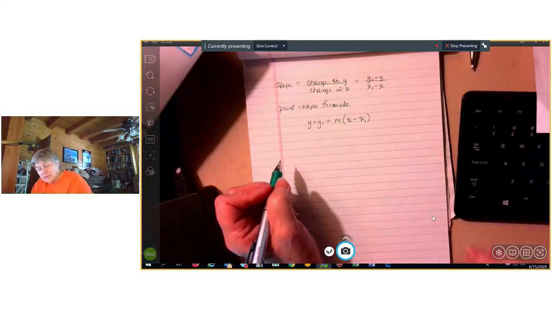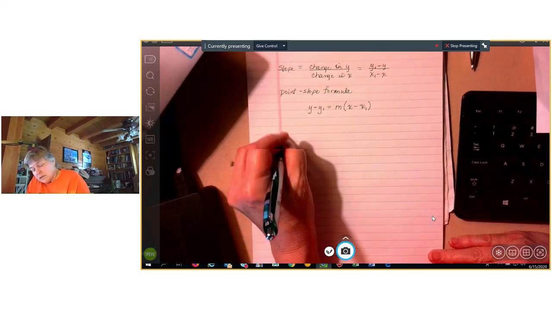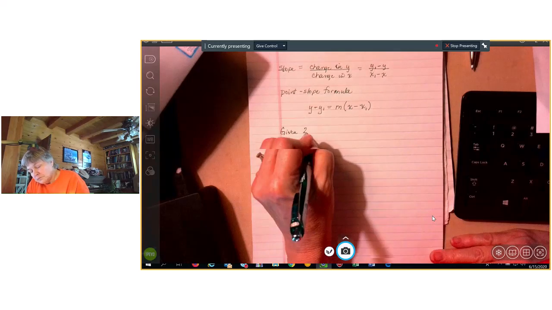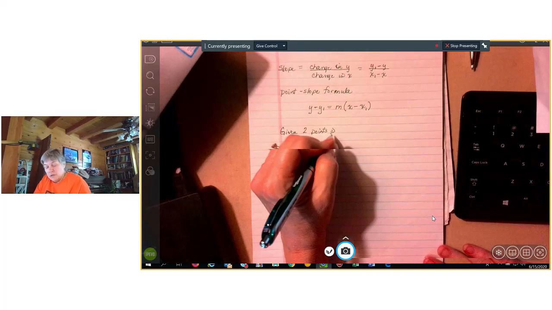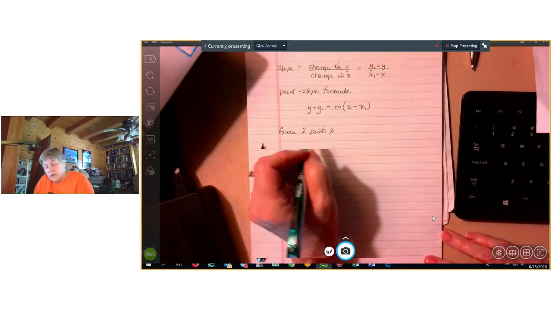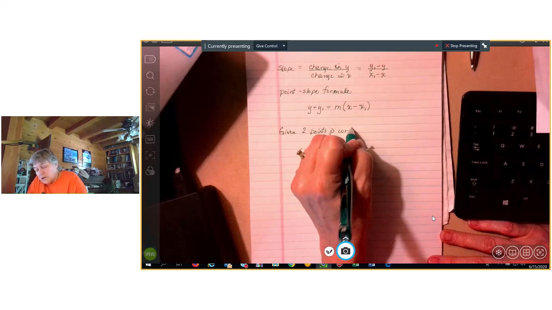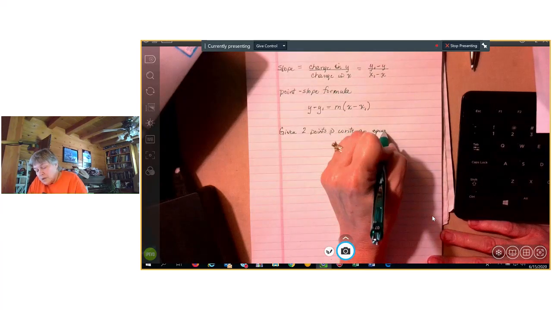Then let's say you're given 2 points. And I'm really reviewing this because it's been 5 weeks since we've done this. So if you're given 2 points, write an equation of a line.